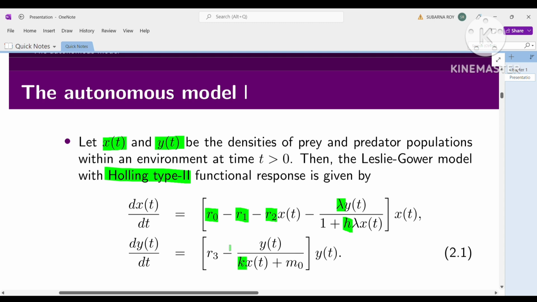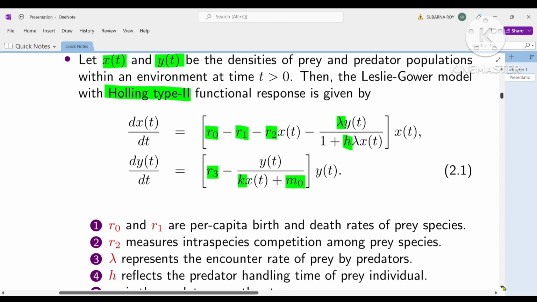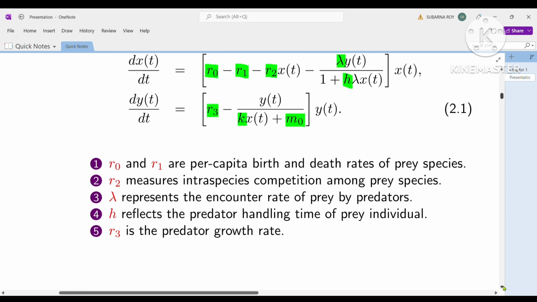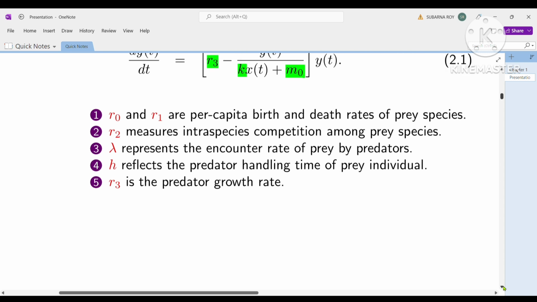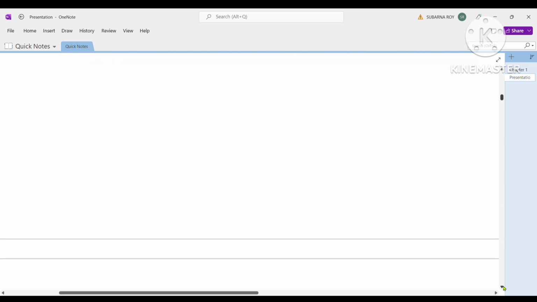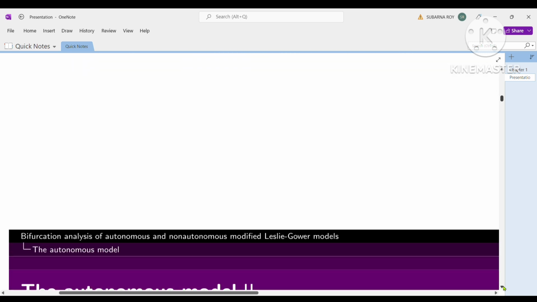Here r3 is the growth rate of predator populations, and m0 is a constant which influences the carrying capacity for predators due to additional food sources. So the description of all these parameters, r0, r1, r2, lambda, h, r3 and m0, we have discussed here.